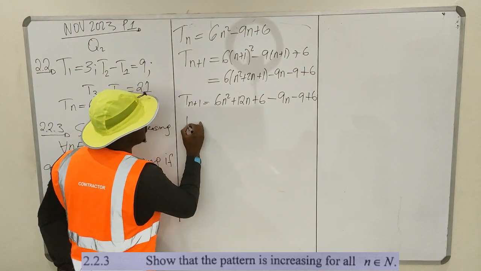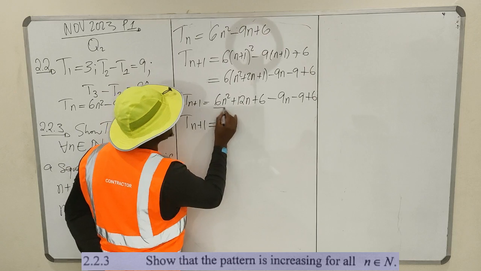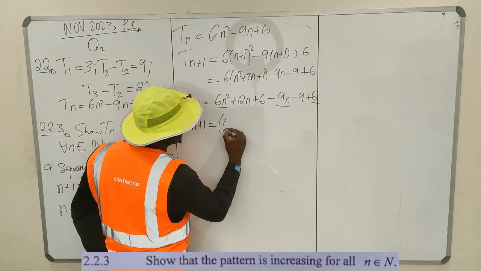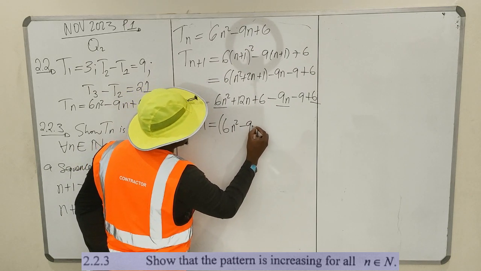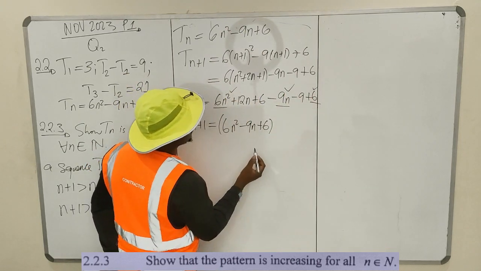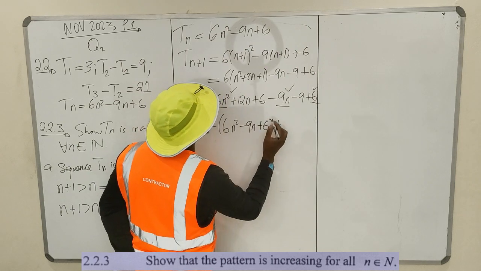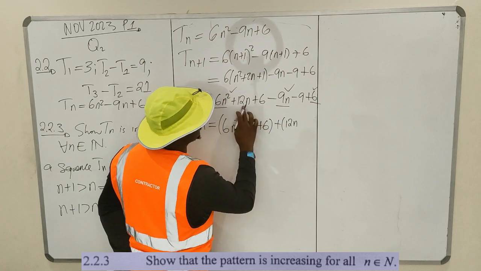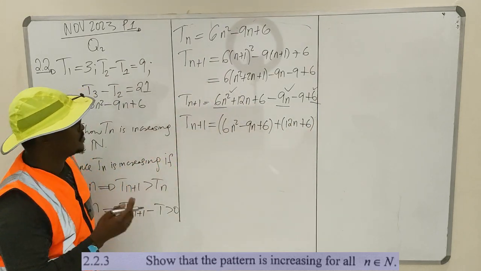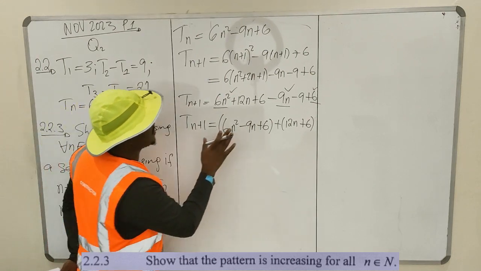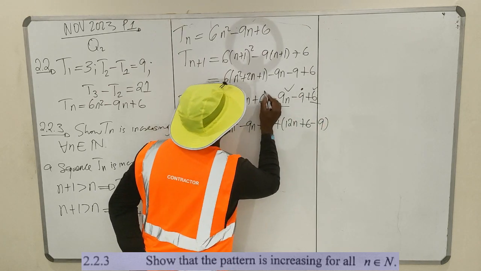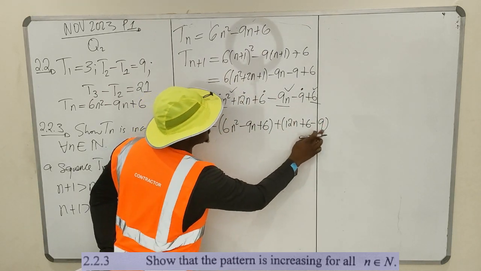So your Tn plus 1 is equal to, if you look at these, this and that are those terms that are there. So we can group these and say 6n squared minus 9n plus 6. So we've taken this, we've taken that. So what are we left with? We're left with plus 12n, and then the constants, minus 9 and plus 6 in the original, which give minus 3.